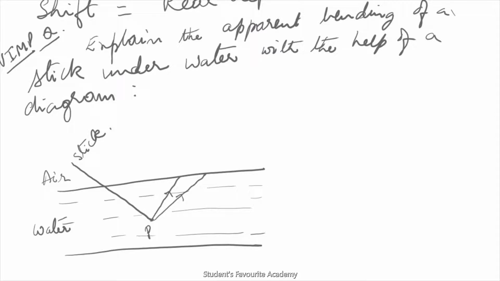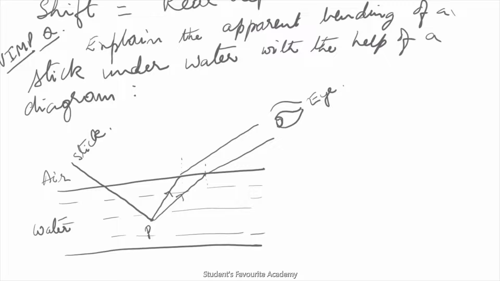Now the light ray is passing from water to air, that is from denser to rarer. Each light ray will bend away from the normal at the point of incidence. So this ray will bend away from the normal, if this is the normal here, and this light ray also will bend away from the normal, right? Now suppose you are viewing from the top. So this is the eye.